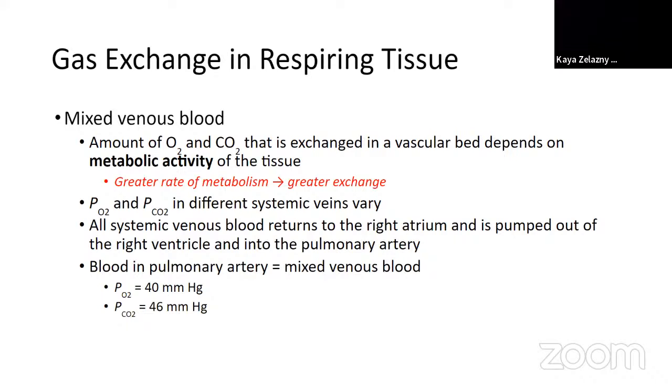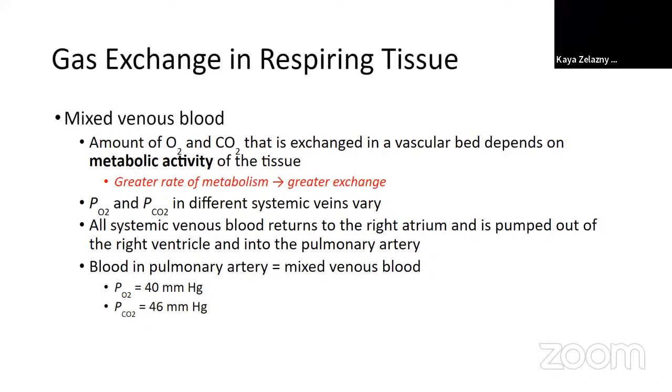So if we have a higher partial pressure of CO2, say, in the tissue, the capillaries there are just going to come to equilibrium with that higher partial pressure. They don't have a rule written down that they can only take up to 46, right? It's all about just coming to equilibrium.